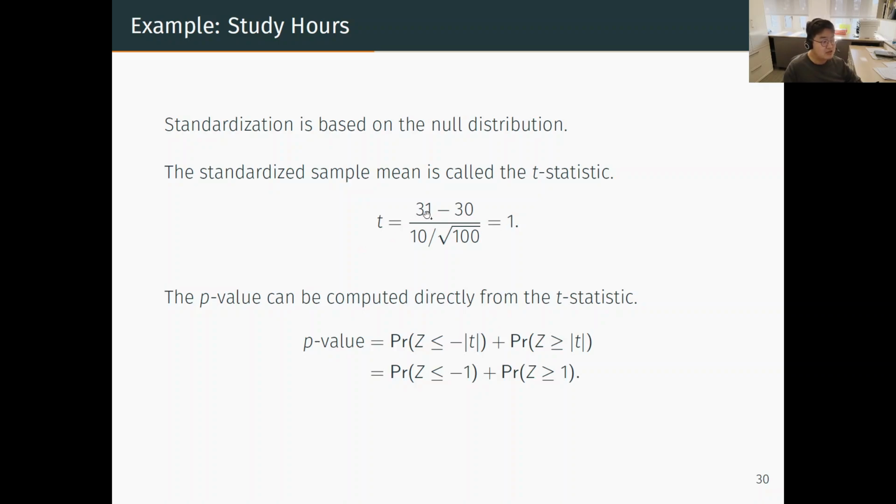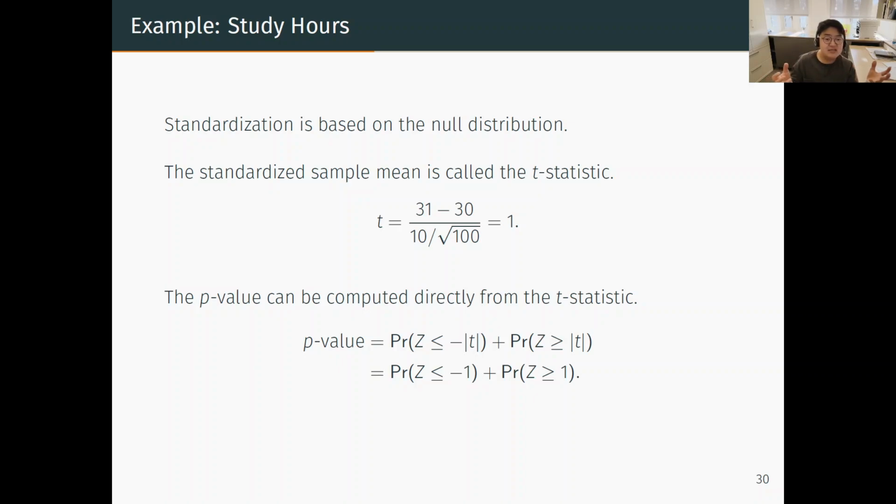And the interpretation is like this. 31 is the observed sample mean. 30 is my hypothesis. So the numerator, 31 minus 30, is the difference between the data and my hypothesis. We are standardizing the difference by the standard deviation of the sample average. That is the standardized difference between the data and my belief. That is the t-statistic. Of course, if the t-statistic is close to 0, the difference is small, and the data and the belief are more consistent.